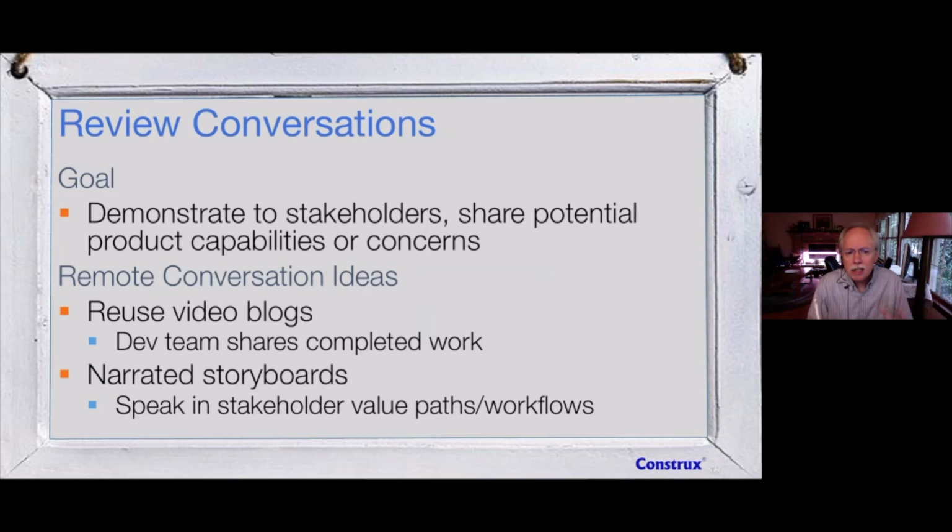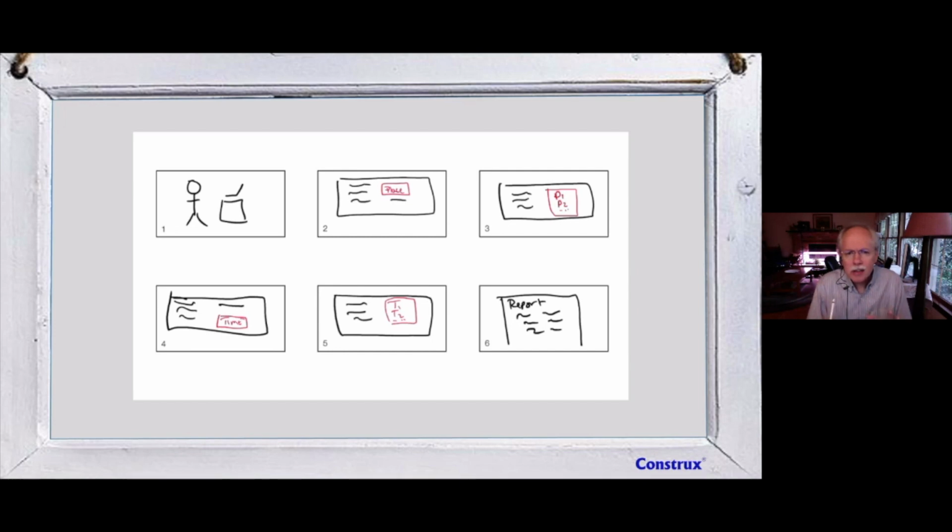But another idea here is for the dev team to create, with my help as a product owner, narrative storyboards. And the way they work, something like this, is that we look together and, using PowerPoint or Google Slides, we draw stuff. Now here's where the tablet comes really handy, because I don't want to spend a lot of time on these storyboards.